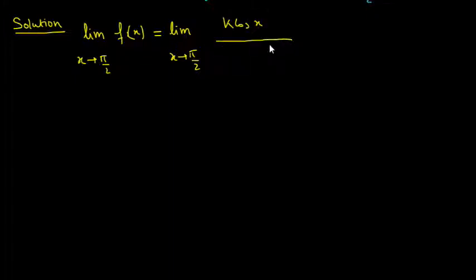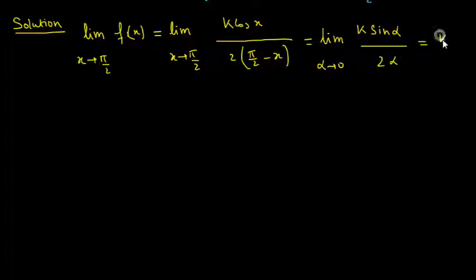Limit x tends to pi by 2, fx is equal to limit x tends to pi by 2 k cos x upon 2 times pi by 2 minus x is equal to limit alpha tends to 0 k sin alpha upon 2 alpha is equal to k by 2.